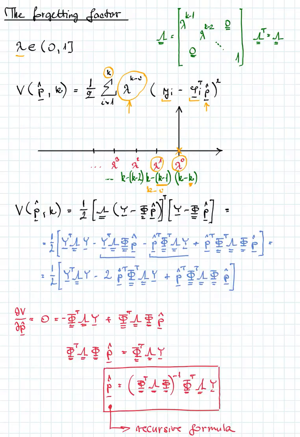In this case, this element of the error is weighted with a number which is less than 1, so it is not so important. Before this, we will have lambda squared, lambda to the power of 3, and so on. And this value is decreasing: if this value is 1, it is a smaller value, another smaller value, and smaller and smaller. This is the weighting of the error.